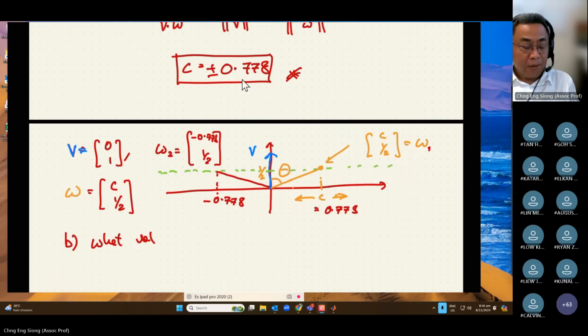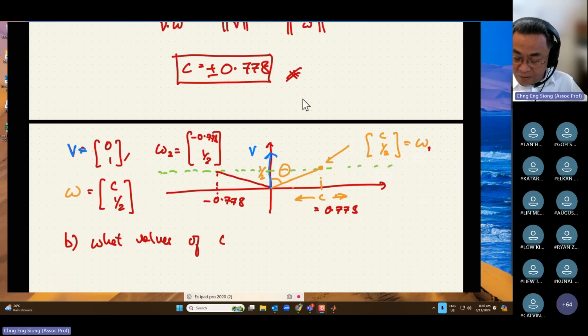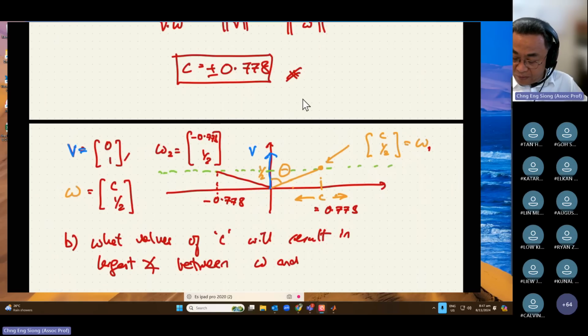All right, other questions. Am I clear so far? Anybody? Any questions at all? Yes, okay, good. Now, what values of C will result in the largest angle between W and V?